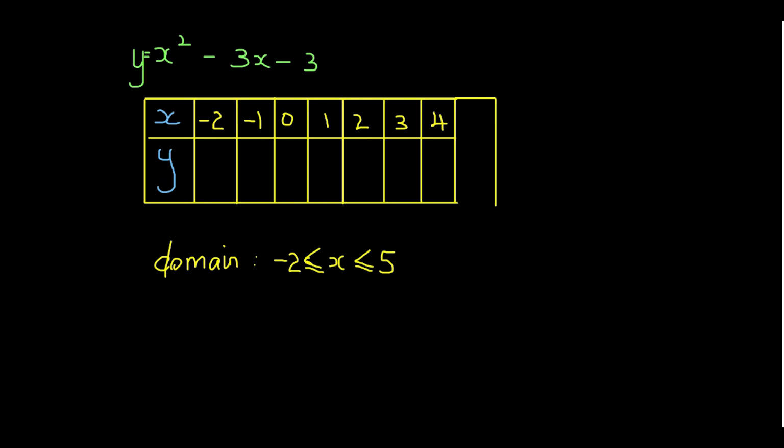So anybody wants to just tell me what will they do to get the corresponding values of y? Anybody? All right, just get the ordered pairs for the points. Anybody wants to tell me what do you do to get the y values that correspond to the values of x for this function?